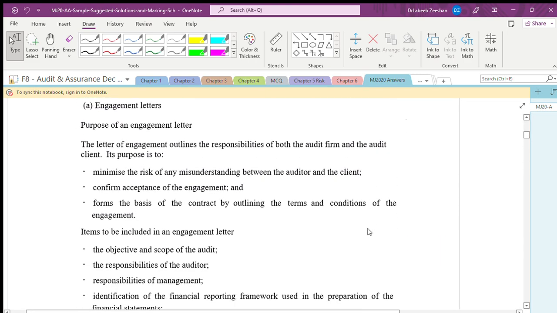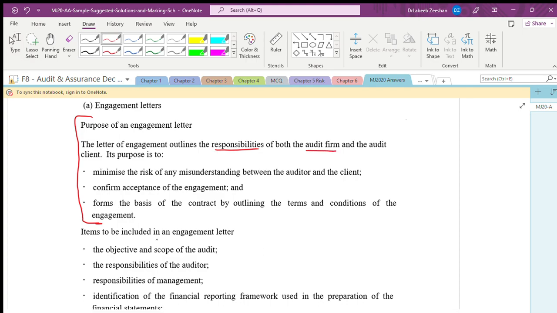Now, the basic thing that has to be included, this is the first one. The purpose of an audit engagement letter is to outline the responsibilities of the audit team and the client.